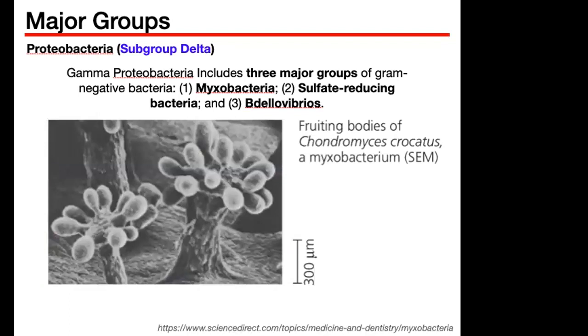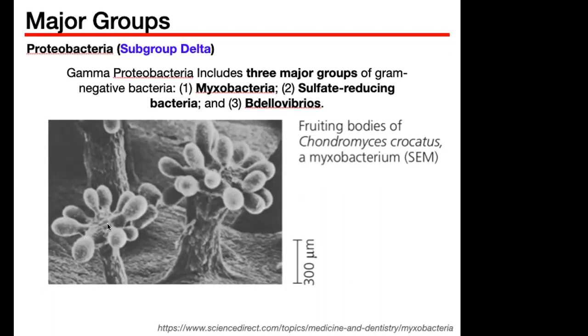And then subgroup delta naman would include further 3 major groups. So meron siyang myxobacteria, meron siyang sulfate-producing bacteria, and Bdellovibrios. When we say myxobacteria, ito yung bacteria that can form fruiting bodies. Mukha siyang grapes at the terminal end. And other books would call these simply slime, no?